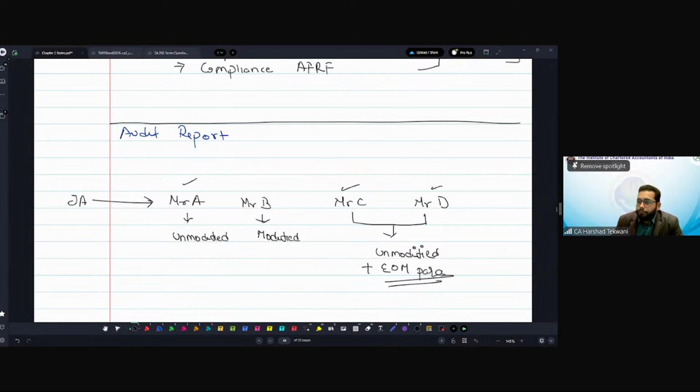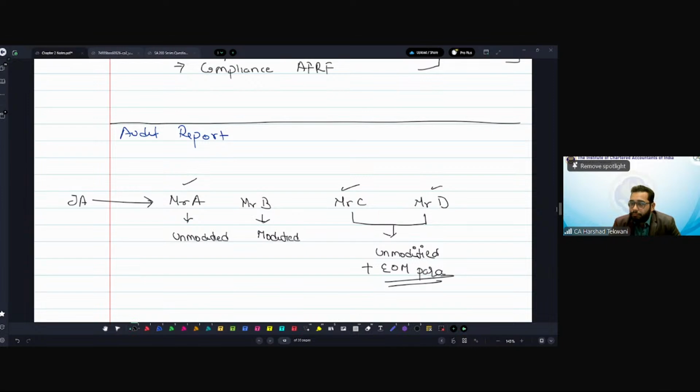They can issue different audit reports with a reference to the other auditors' audit reports. And where do you make that reference?